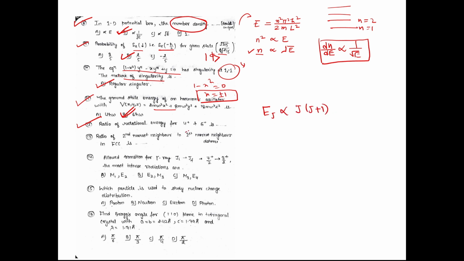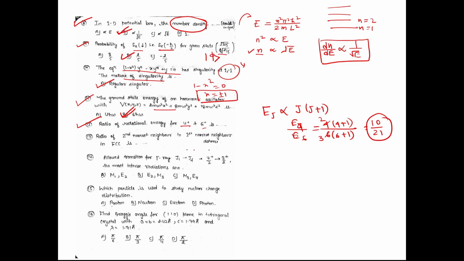So if we find the ratio for these two states, very simple. Let's take them as E4 and E6. It gives 4 into 4 plus 1 divided by 6 into 6 plus 1. So 2 times 5 is 10, and 3 times 7 is 21. So 10 by 21. Okay, ratio of the rotational energy for these two states.